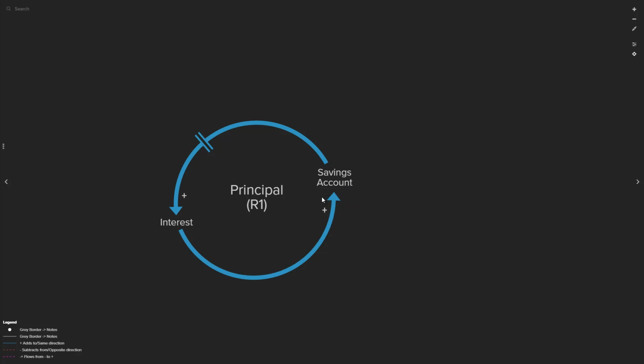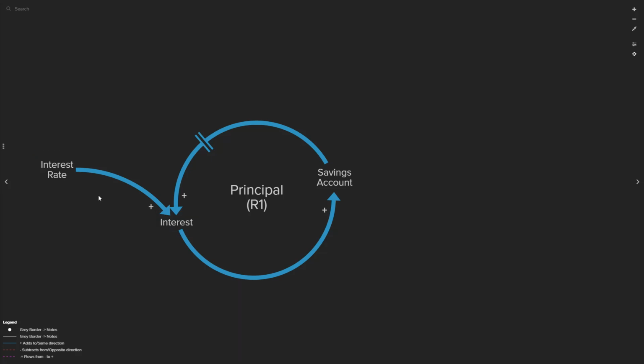Additionally, there are some other things that are relevant here in that the interest doesn't come from nothing. It's a combination of the amount of money in the savings account and the interest rate, which is used to calculate the interest. So if the interest rate increases, the amount of interest calculated would increase, and if the interest rate decreases, the interest would decrease.